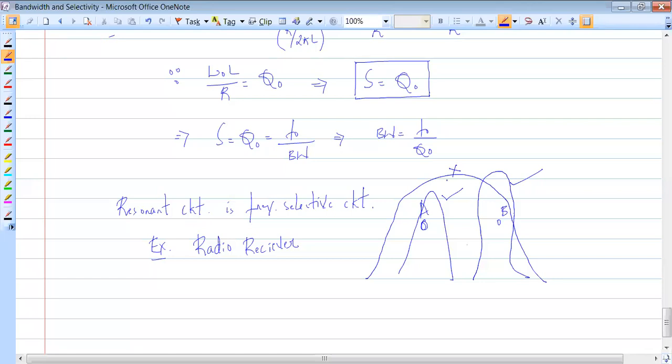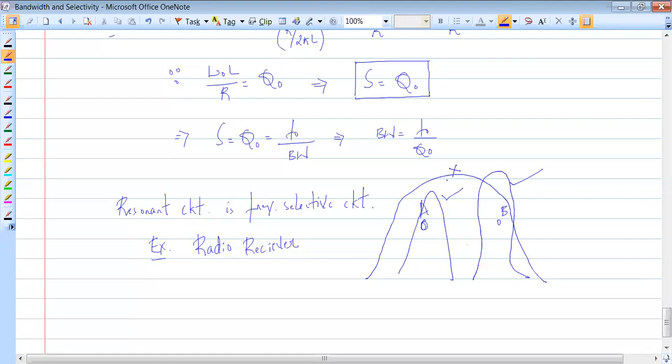Understand that? So now tell me, with whatever you understood, for selectivity to be good, the quality factor anyway is a bigger number. For selectivity to be good, in other words, to tune to one particular station without interference from any of the stations, what should be the bandwidth of the circuit?